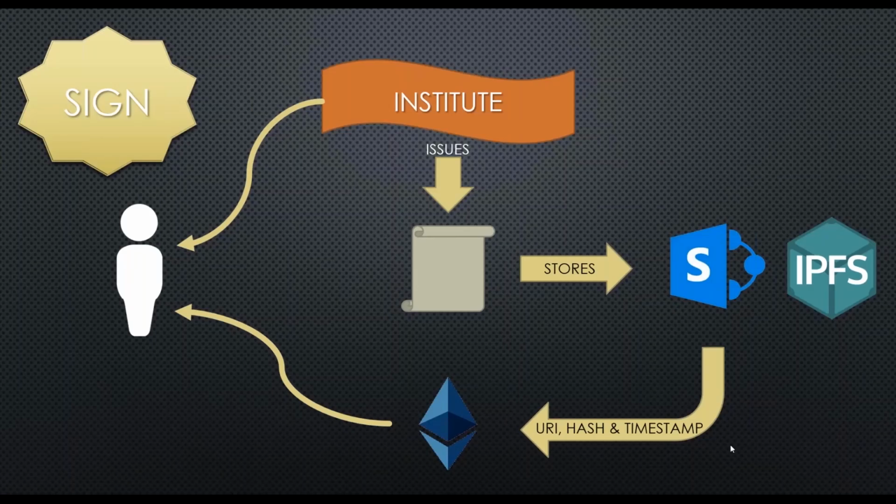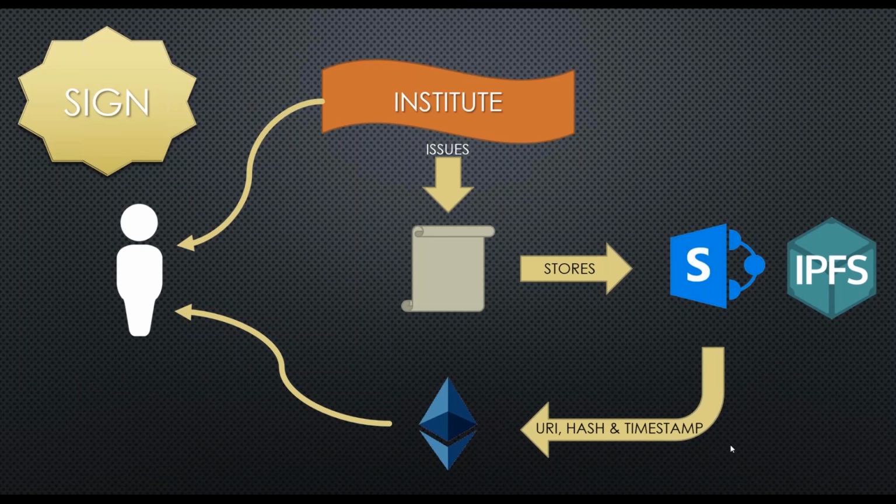As an institute, so in this case, the Marvel University, I issue a certificate, I issue a diploma. This diploma is actually stored in SharePoint, or it can be in any storage. It can be even in a distributed storage like IPFS. For the sake of this demonstration, it is in SharePoint.